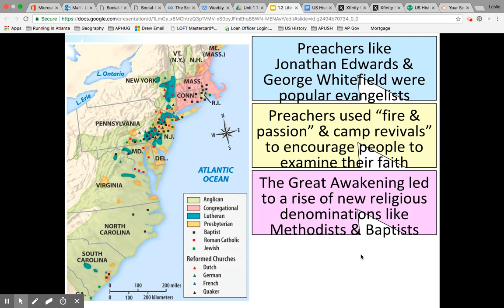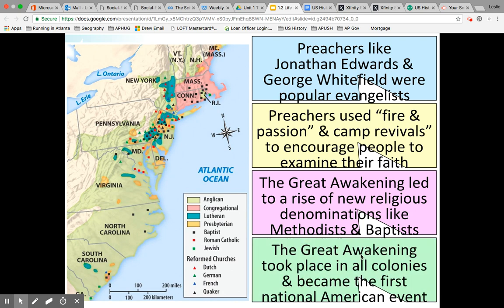The Great Awakening leads to new denominations developing in the colonies, including Methodists and Baptists. And the Great Awakening took place in all 13 colonies and becomes the first national American event.